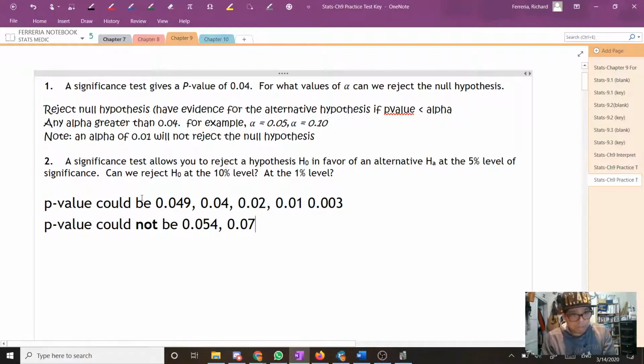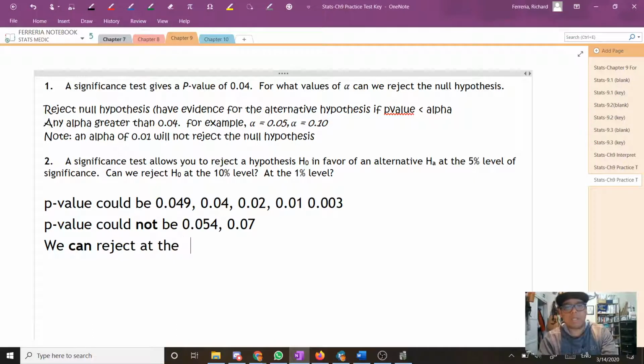Well, if these are all the values that could be our p-value, all of those could be rejected at the 10% level. So yes, we can reject at the 10% level.